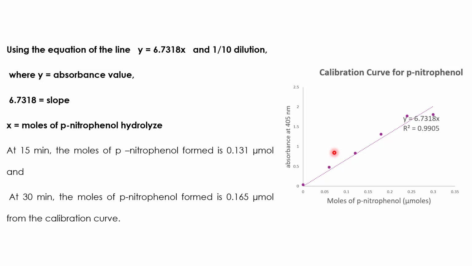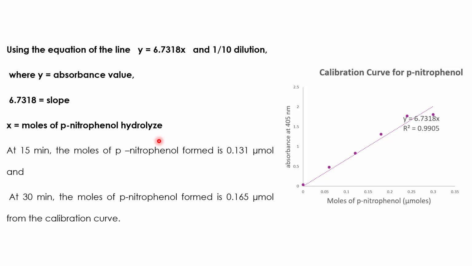Now, using the equation of the line, y equals 6.7318x from the calibration curve, and using our 1 in 10 dilution, we note that y is the absorbance value, 6.7318 is the slope, and x is the moles of the p-nitrophenol hydrolyzed in the reaction.